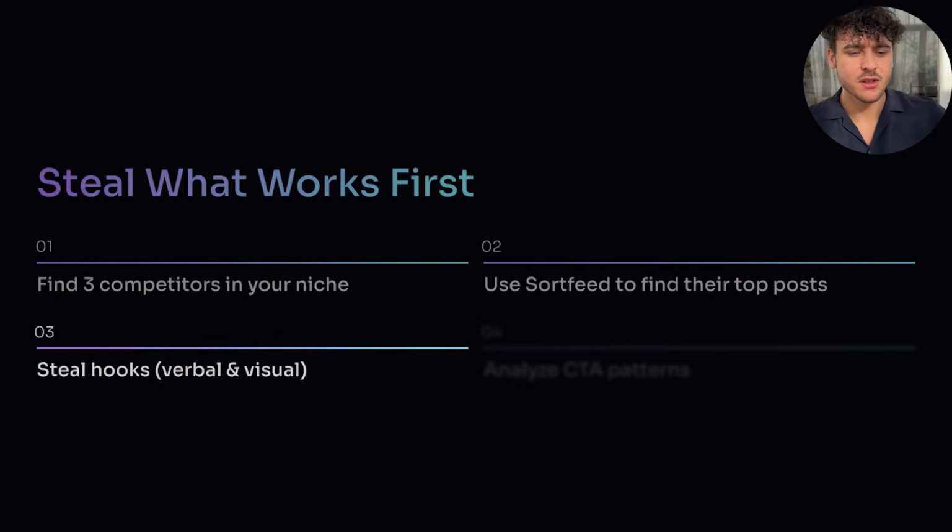We're going to steal their hooks, meaning the verbal and the visual hooks. Now, this is an important distinction that you have to understand. It is not just important what is said in the hook, meaning usually the first 3 seconds. It is also important what is shown. So if I'm standing here and I throw a banana and say 6 specific words, and this video goes viral, you are going to want to stand there, throw a banana, and say the same 6 specific words.